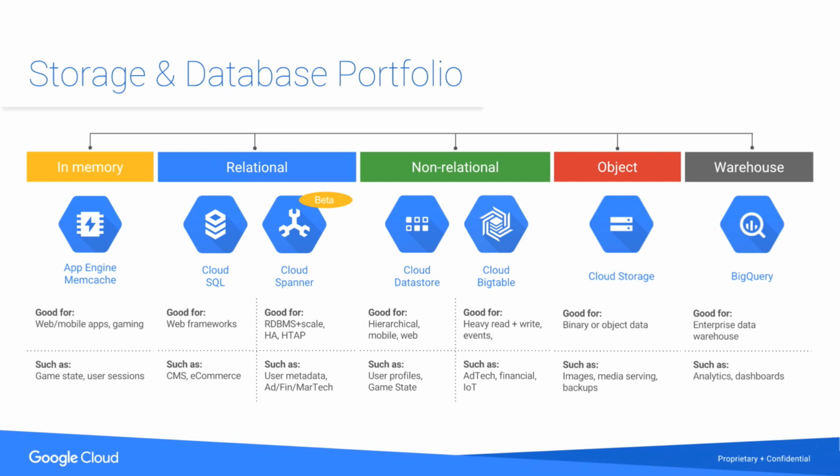And we've got object storage, for storing blobs or files, unstructured data. Finally, on the far right, we've got BigQuery, which is our data warehouse. An interesting thing with BigQuery now is that we can also access Google Drive files. So if you've got data stored in Sheets, you might want to reference that as you're pulling together your queries in BigQuery. It's easy to pull data in from different locations.